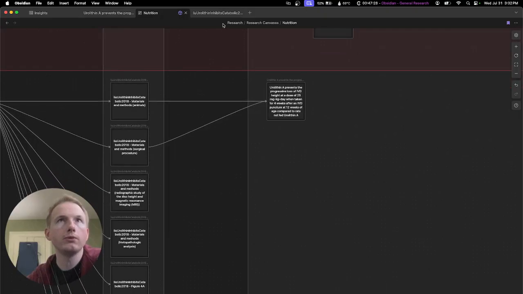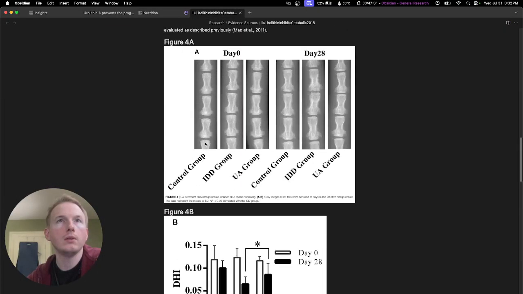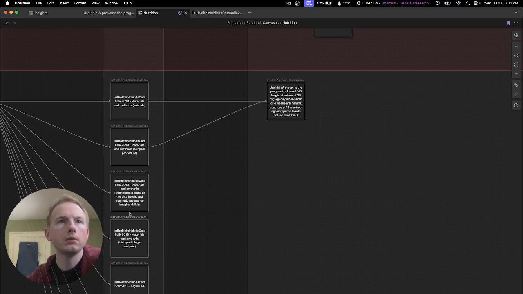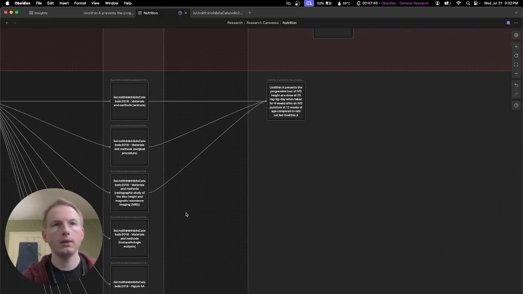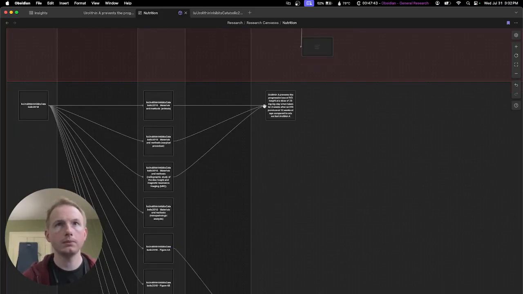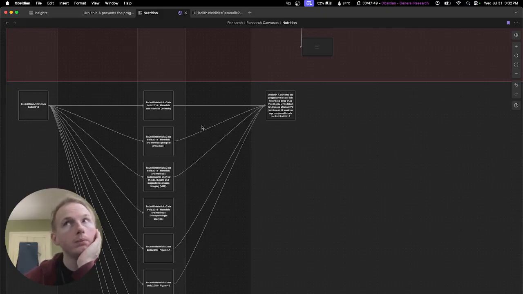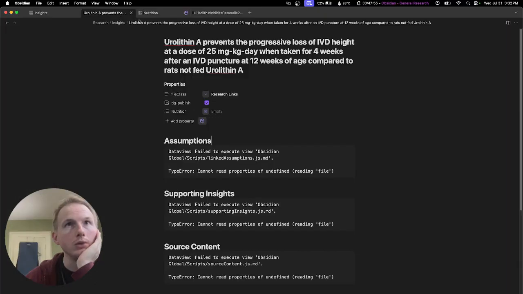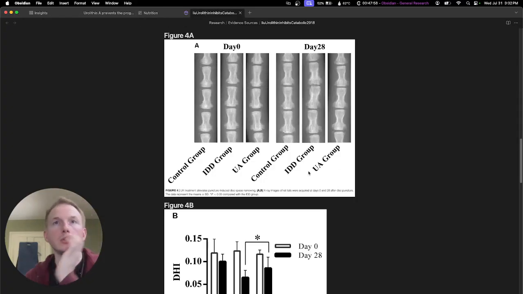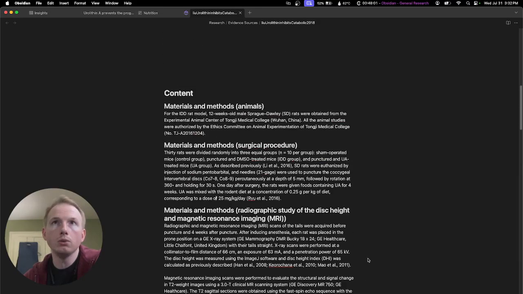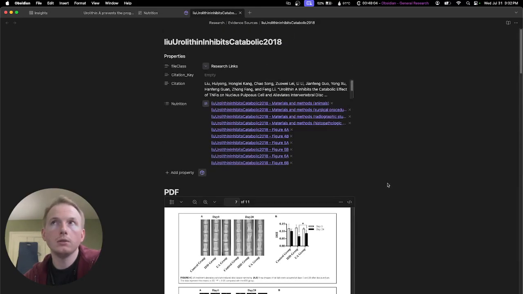So I used 4A and 4B. Which means I used radiographic analysis. So yeah, anytime I'm looking at a study, if I want to use it in here, the first thing I do is find out what results are relevant to any takeaways I'm looking to create down the line.